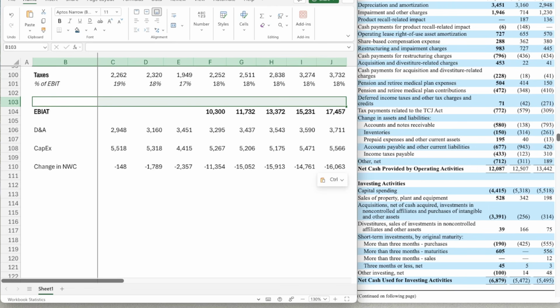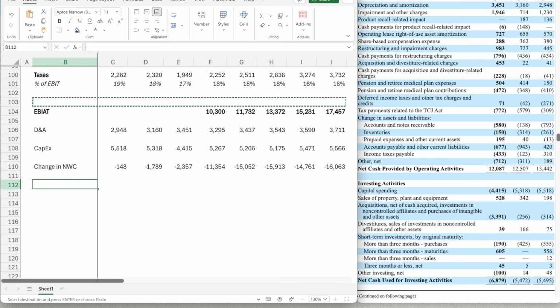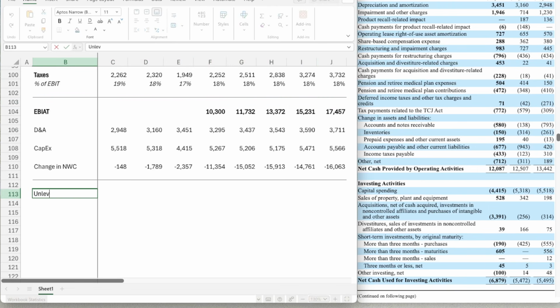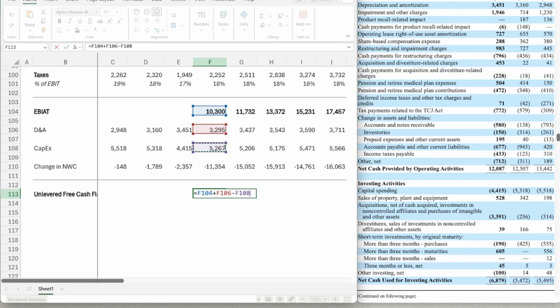Again, just copy this border down. Now we have our unlevered free cash flow. And all that is you take your EBIT, you add back in depreciation and amortization, you subtract your capex, and you subtract your change in net working capital.